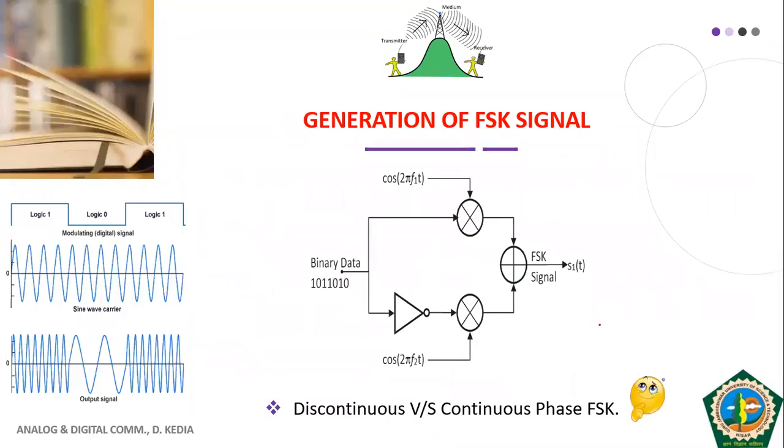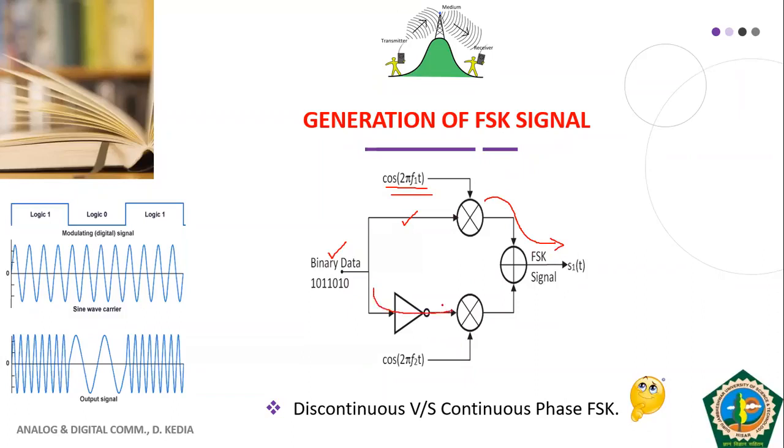Now this is how we generate our FSK signal. This is a simple diagram where you can see that my binary data is in the form of 1 and 0. During 1, my frequency F1, or cosine of 2 pi F1t, will be transmitted at the output. During 0, my other branch will work.